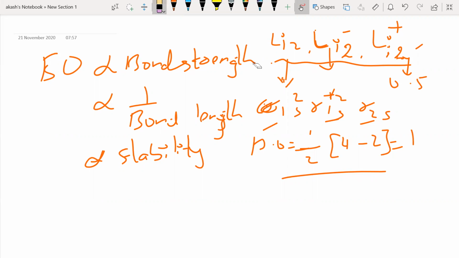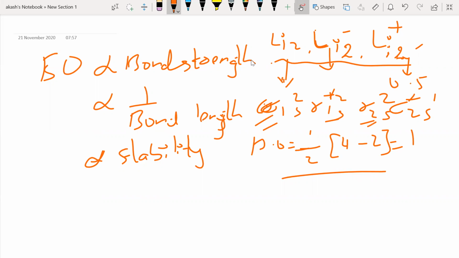Now if it is going to be Li2 minus, it will have 2, and you have to add one extra electron also. 7 electrons should be there. So it will be sigma 1s, sigma star 1s, sigma 2s, sigma star 2s, and the last one, sigma star 2s1. Now again, if you calculate, you have 4 minus 3, again 0.5.